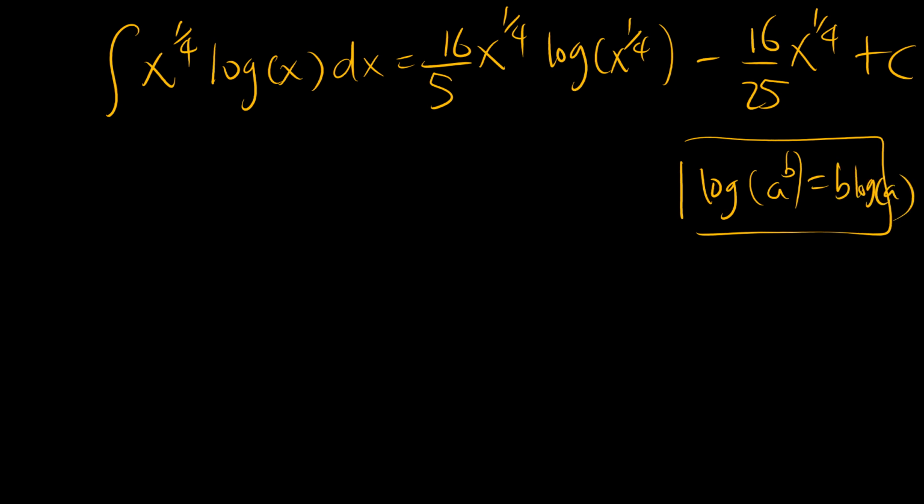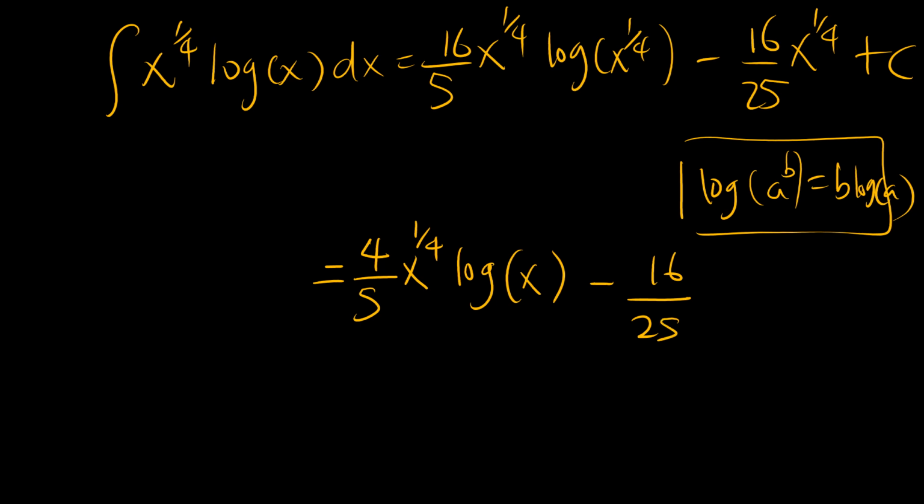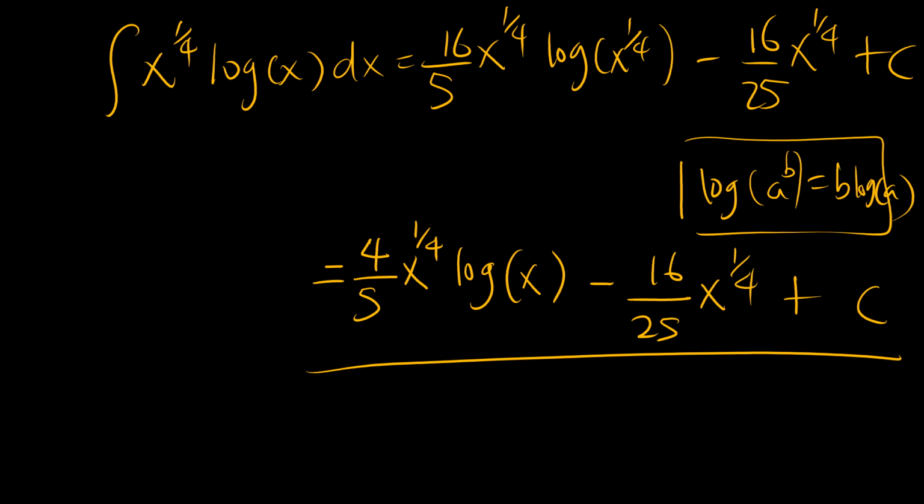So this integral is the same as pulling the quarter out: 16 times a quarter becomes 4, which is now 4 over 5 x to the power 5 over 4 logarithm of x minus 16 over 25 x to the power 5 over 4 plus c. And that is, my friends, the final answer.